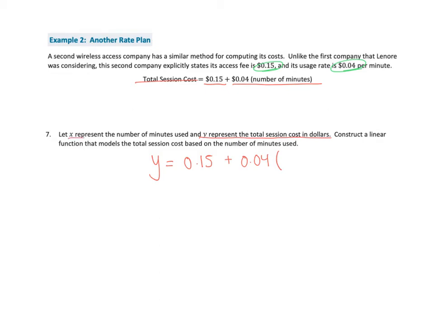Well, it says let x represent the number of minutes. So this becomes an x. So this is y, that's our x. Okay. So this is our equation. The only thing I'm going to change up here is instead of saying y equals 0.15 plus 0.04x, I'm going to change it to y equals this first, and then plus this. y equals mx plus b.